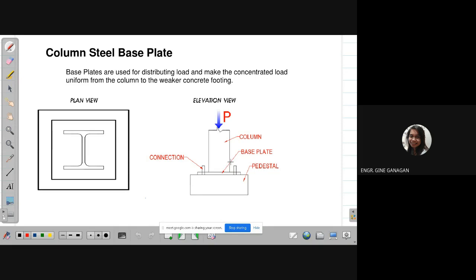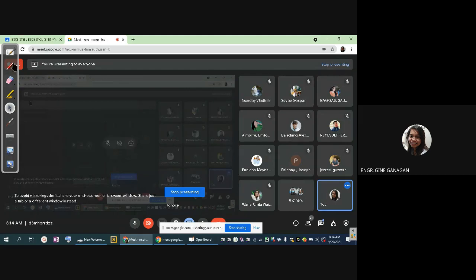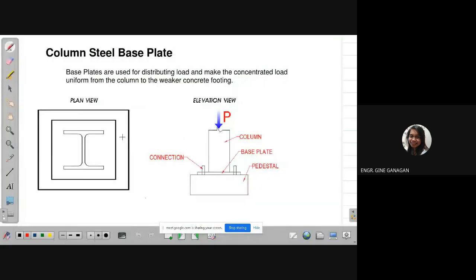Okay? So, in our plan view, ito yung ating pedestal. Ito naman yung ating base plate and ito yung ating steel column. So yan yung plan view natin.